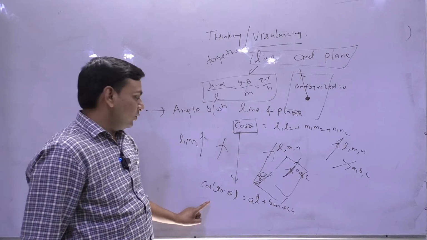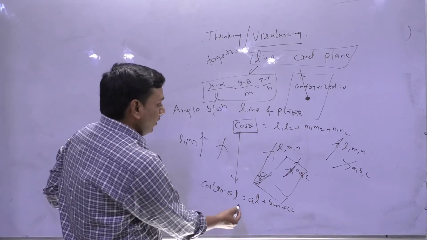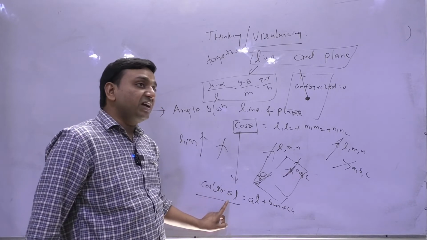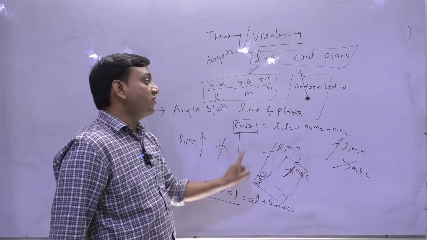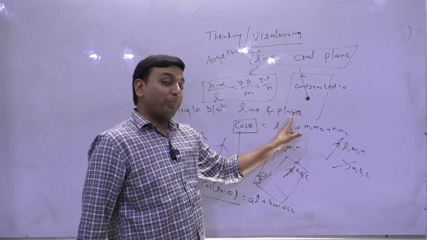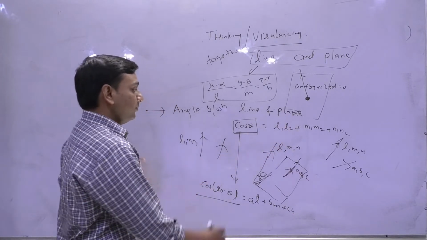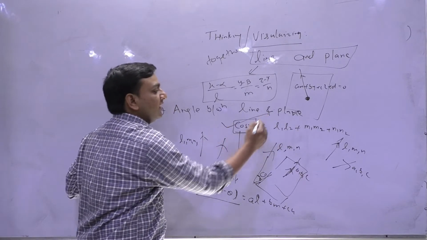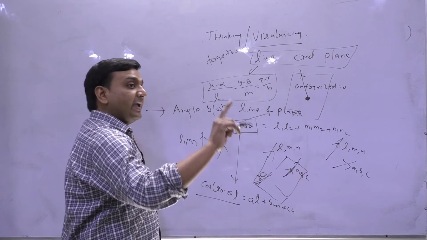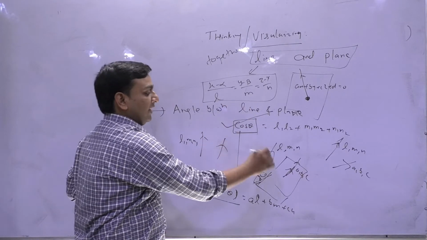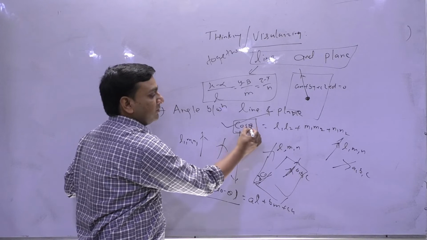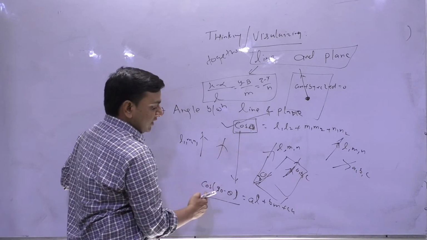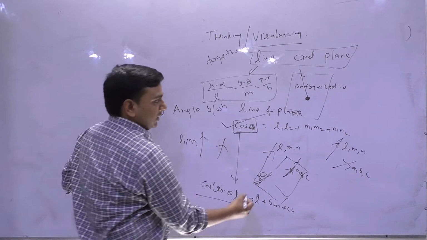Clear? So this is the angle of intersection, where theta is the angle of intersection between line and plane. So between two lines cos theta is like this, between line and plane, तो प्लेन के DRS परपेंडिकुलर होते हैं, इसलिए this will be converted to cos 90 minus theta.